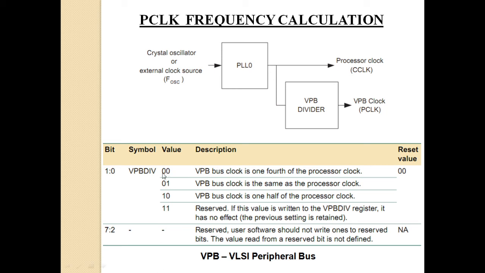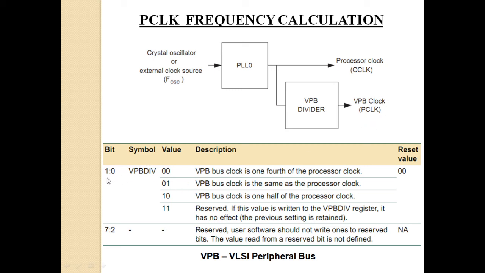If you are writing 0 0, what does it mean? You are configuring the VPB divider in such a way that you get 1/4 of the CCLK as PCLK. Your CCLK, the core clock, was 60 megahertz. So if you write these two bits as 0 0, your PCLK will be 1/4 of CCLK, that means 60 megahertz by 4, so 15 megahertz.